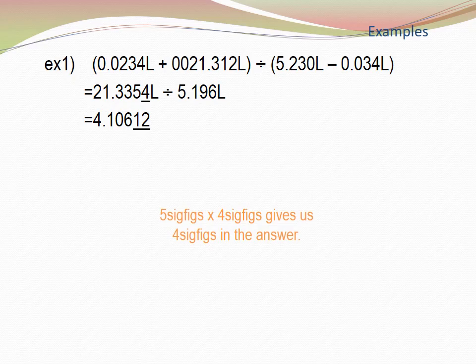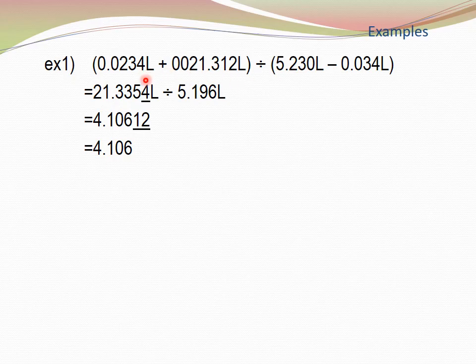I had 5 significant figures divided by 4 significant figures. 4 is smaller than 5, so my answer has 4 significant figures. I'm dropping the 1 and the 2, so 4.106 remains 4.106. If I look at my units, liters plus liters gives me liters. Liters subtract liters gave me liters. And then I had liters divided by liters, which then left me with no unit.